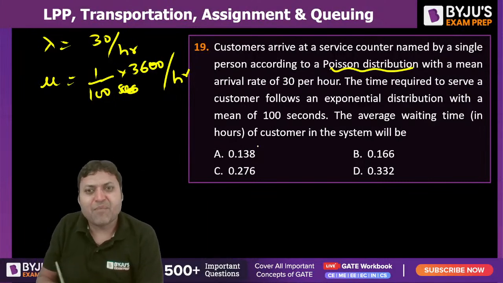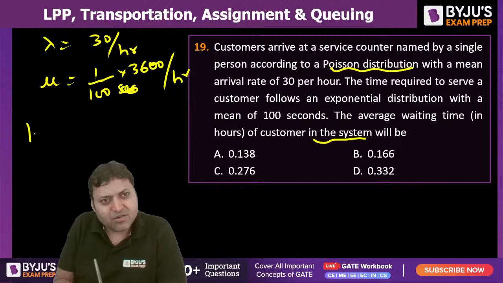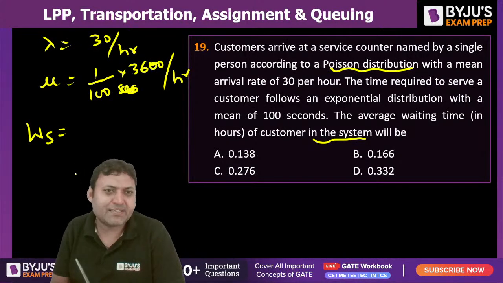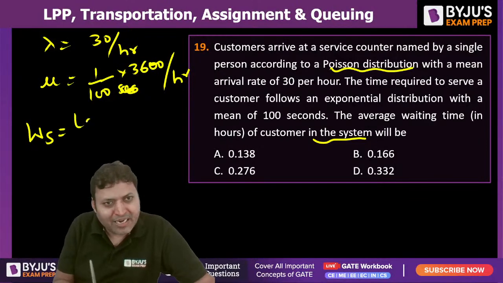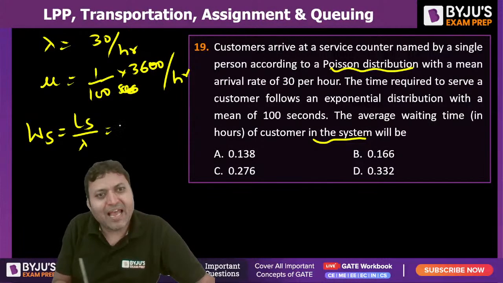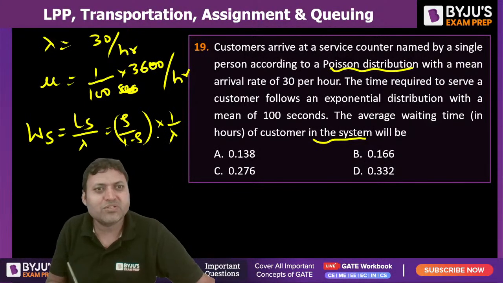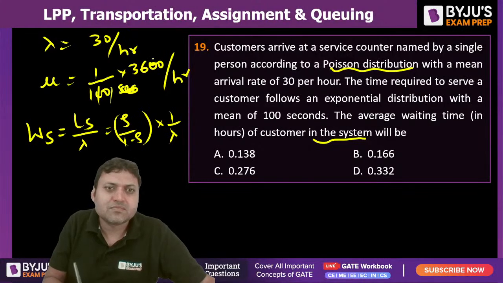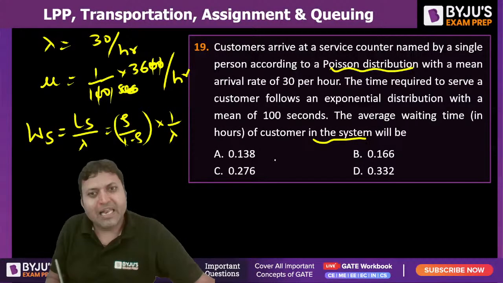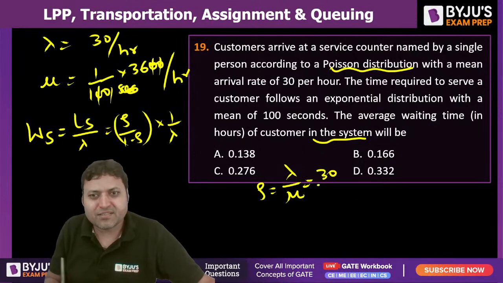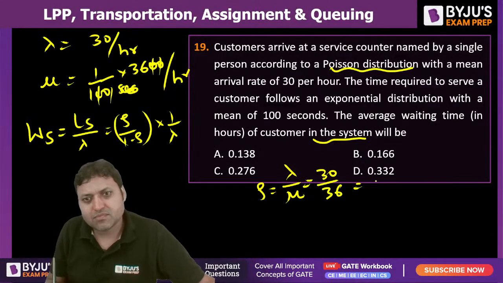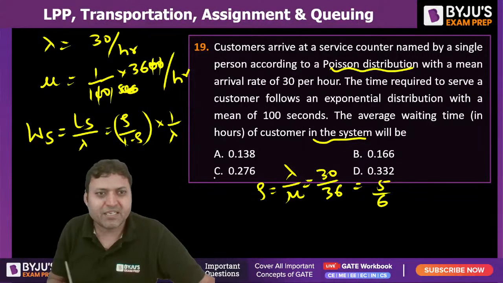The average waiting time of a customer in the system, WS. What is WS? That is LS upon lambda. LS is rho upon 1 minus rho, times 1 by lambda. Put the values. So lambda by mu, that is rho, is equal to 30 by 36, which is 5 by 6.